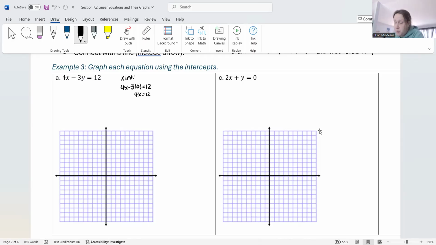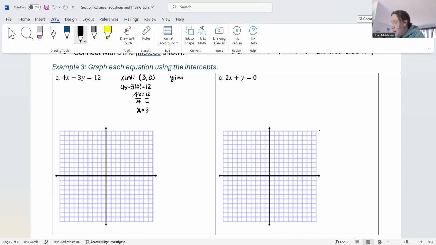We need to undo the multiplication of 4 and x, so we divide both sides by 4. 4 divided by 4 is 1, leaving just x, and 12 divided by 4 is 3. So my x-intercept has an x-coordinate of 3, and the y-coordinate is 0.